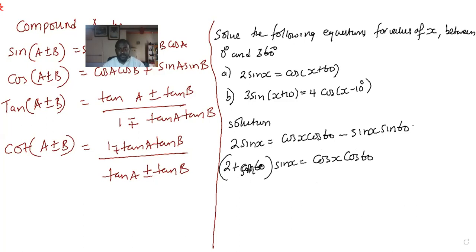Therefore, you can here see that sine of 60 is root 3 over 2, or 0.866. Then sine of x is equal to a half cos of x.